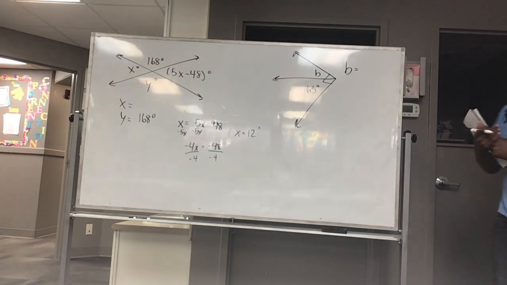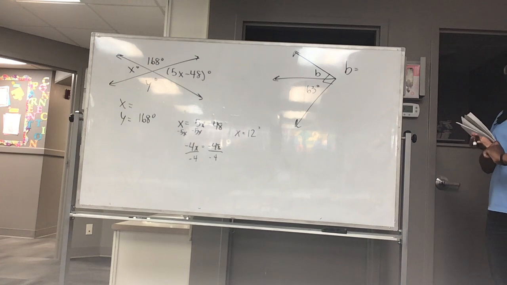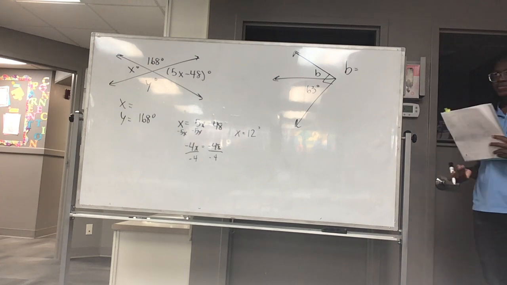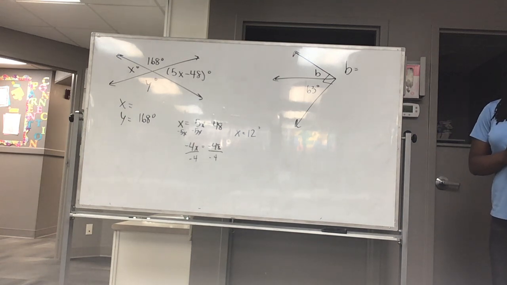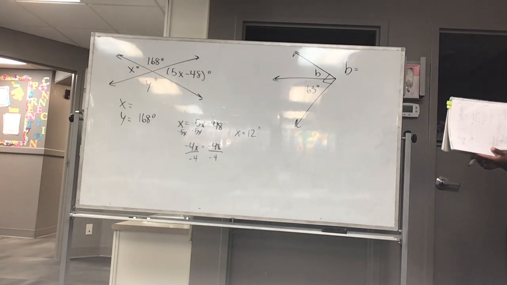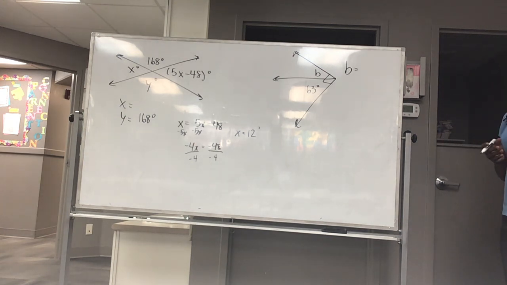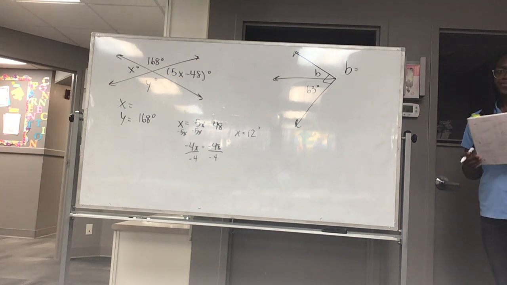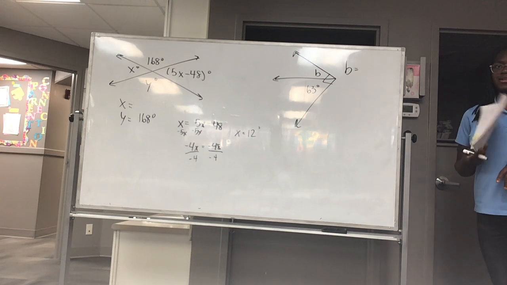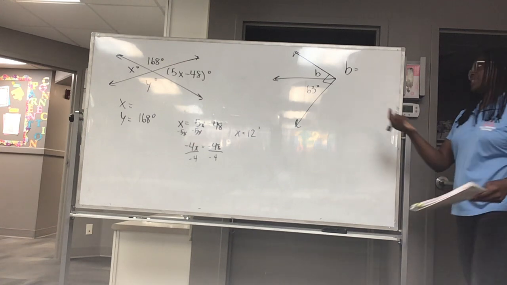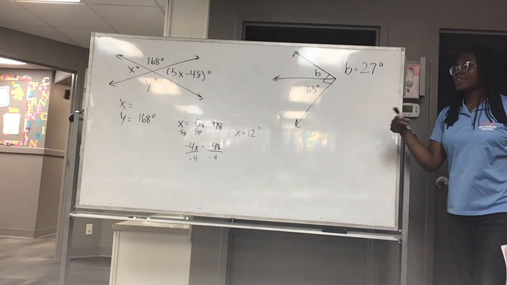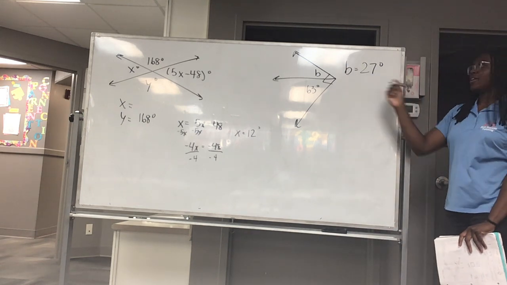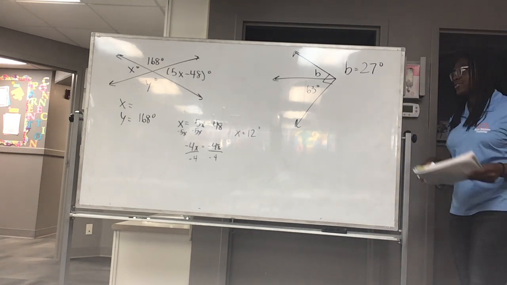But I want you to find the measure of B. Alright, does someone want to call an answer? 27. Yep, 27 degrees. And so for this one, those two angles are complementary. They form a 90-degree angle, so just 90 minus 63, and then you're done.